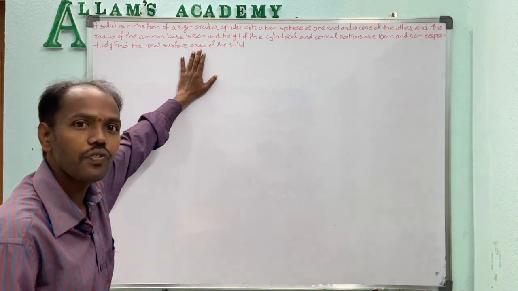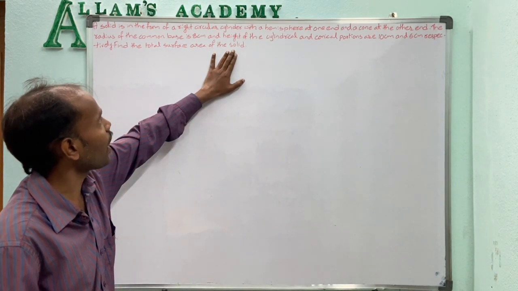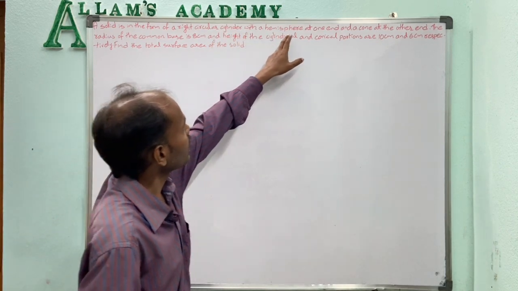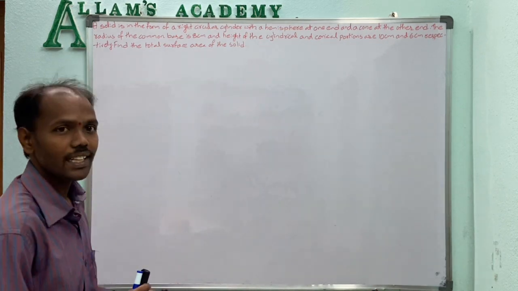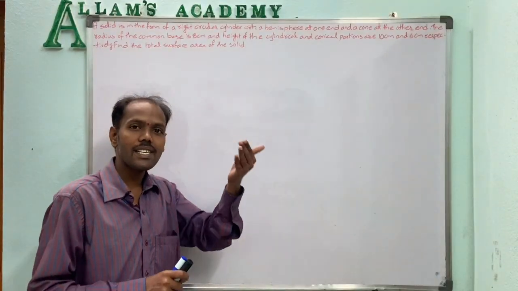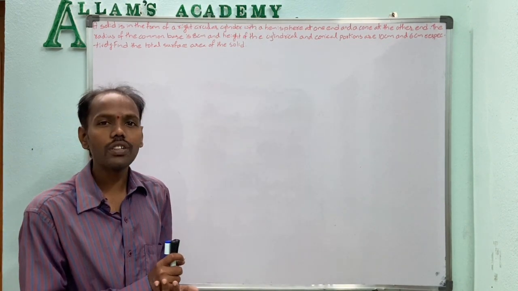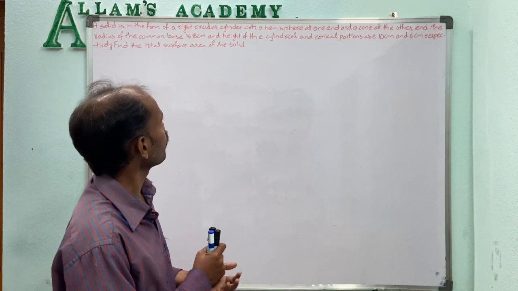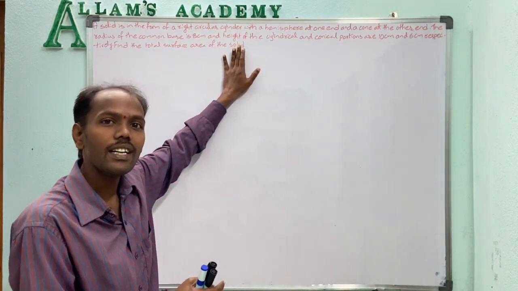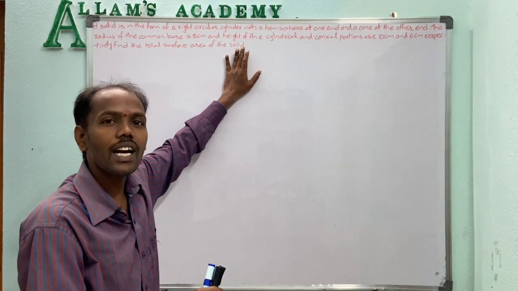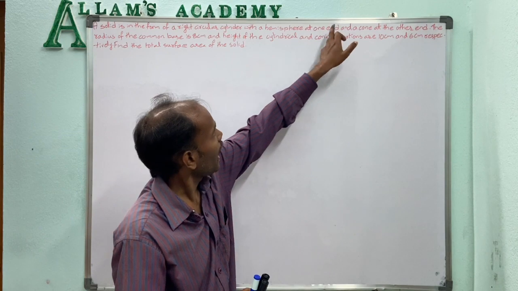So here we have to find the total surface area of the solid, but the solid is in the form of a cylinder with a hemisphere and a cone at the ends, that is given. That means the bottom is a hemisphere shape and the top is a cone shape. We have to find the sum of the curved surface areas of the cylinder, hemisphere and cone.